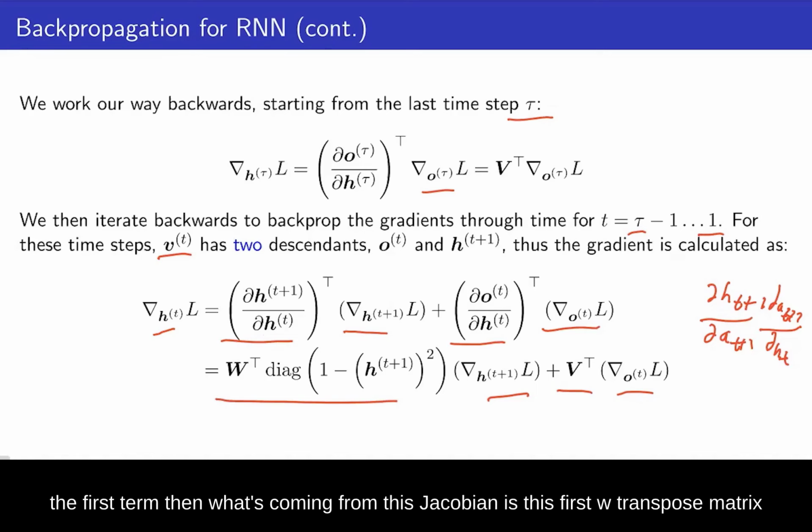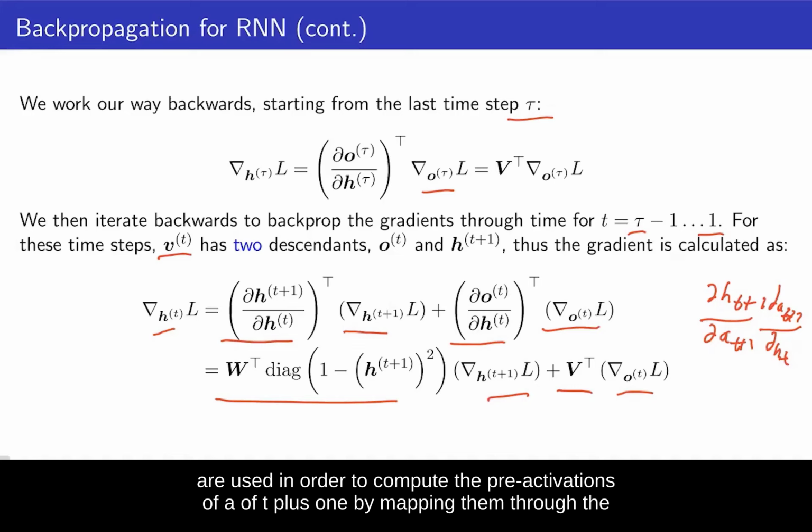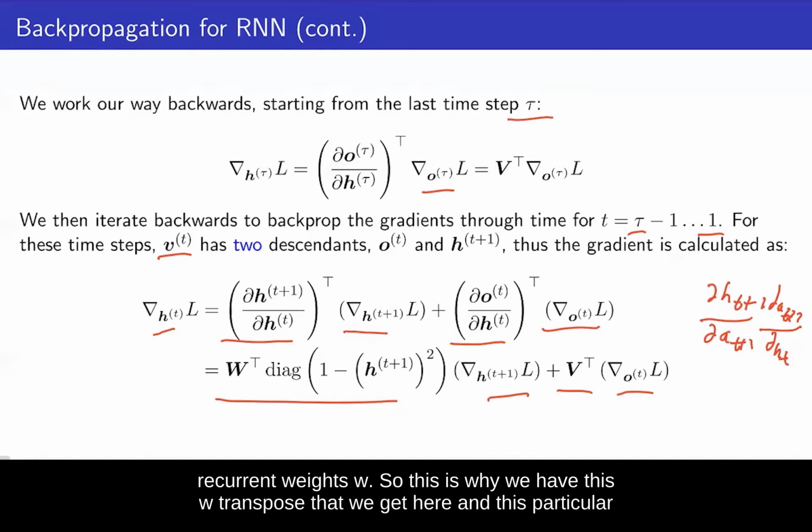If we look at the first term, what's coming from this Jacobian is this first W transpose matrix. This comes from the fact that the hidden activations at time step t are used to compute the pre-activations a of t plus 1 by mapping them through the recurrent weights W. So this is why we have this W transpose.